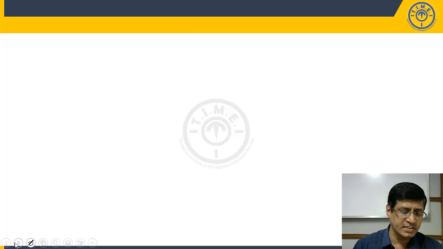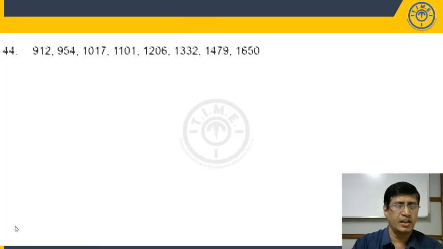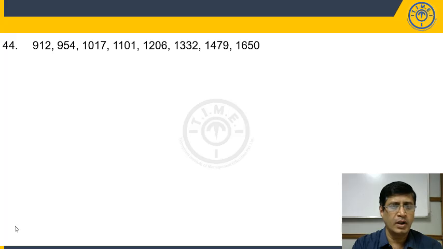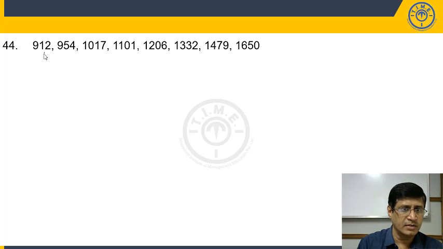Now look at the next example on your screen. So 9, 51, 93, 54 and 10, 17 and so on. If you observe the difference here, the difference is 42. 42 is the difference here.